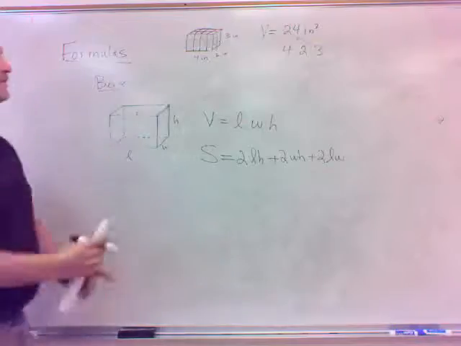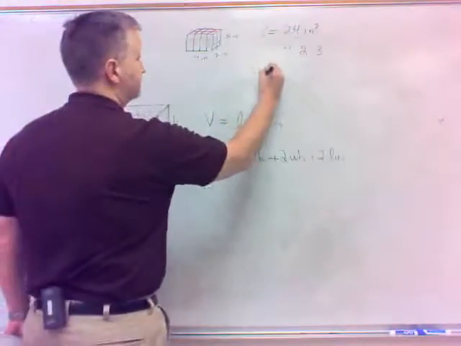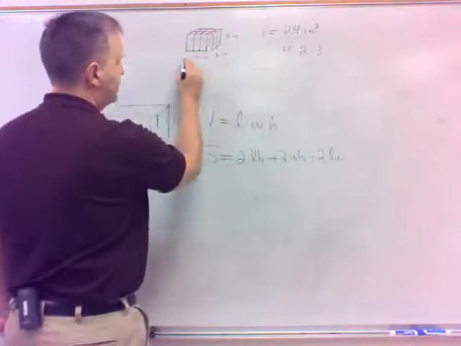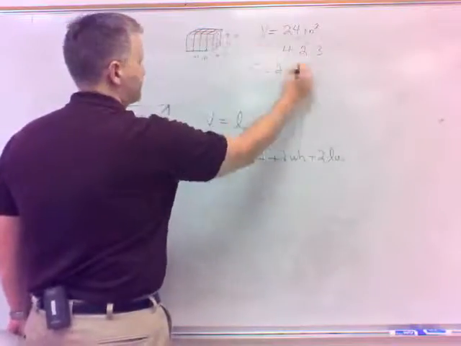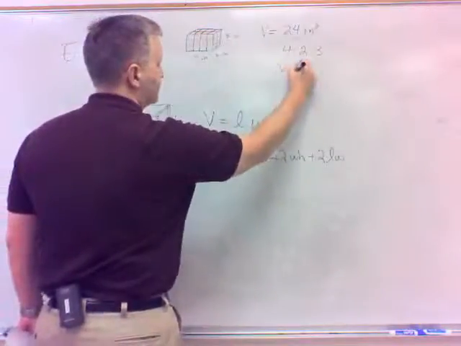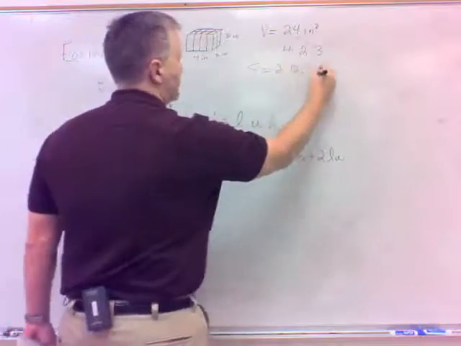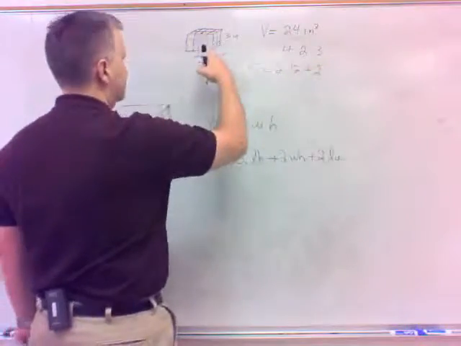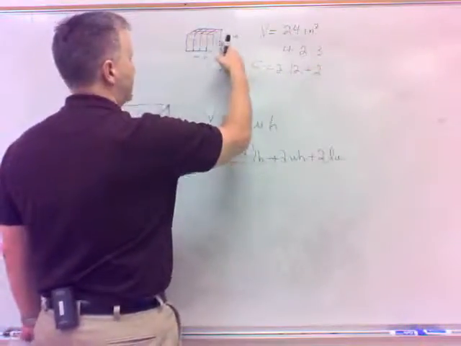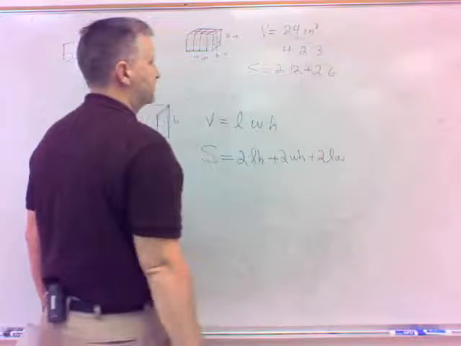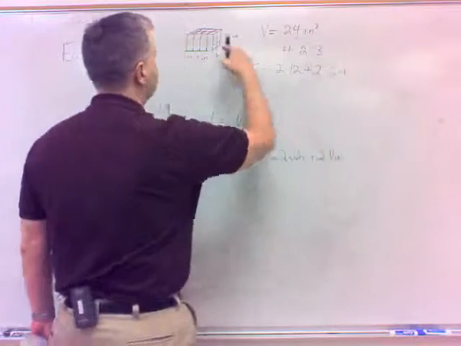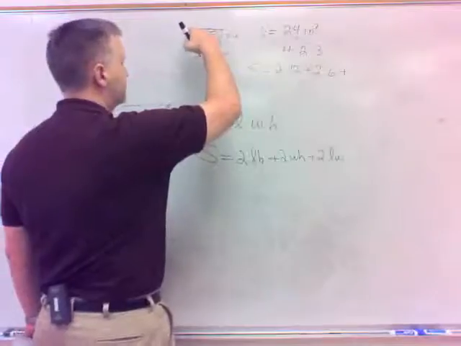So up here, for the surface area, I take 2 times 4 times 3, so that'd be 2 times 12, and then I do 2 times the width and height, so that'd be 2 times 3 is 6, so I'd have 2 6s, and then 2 times the length and the width.